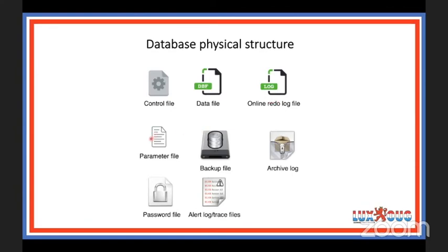We have two types of parameter files, as you know: a server parameter file, SPFILE, which is binary, and a parameter file, which is a text file. It contains all the parameter information about the database, instance specific parameters, the memory values like SGA target, PGA target, and so on.